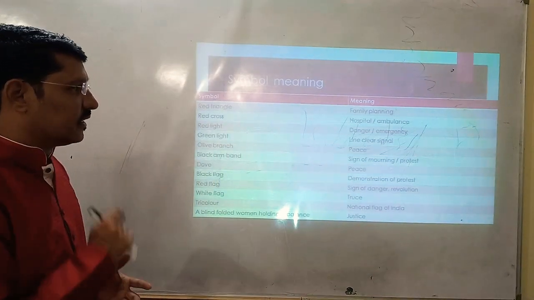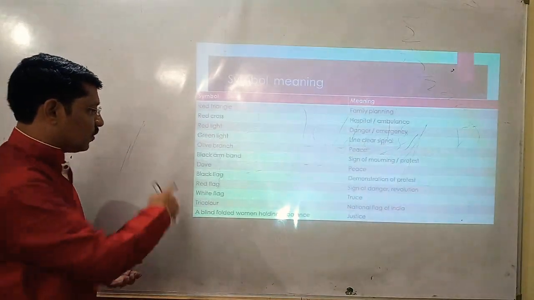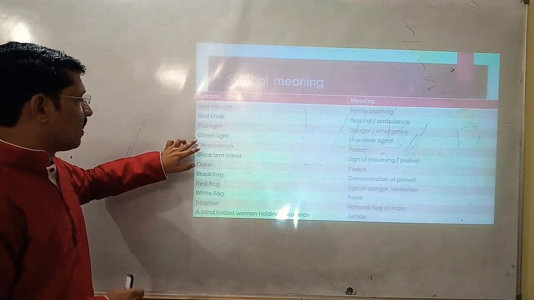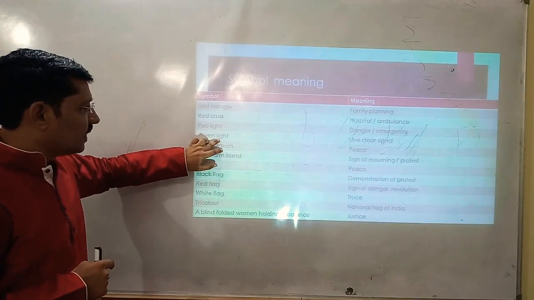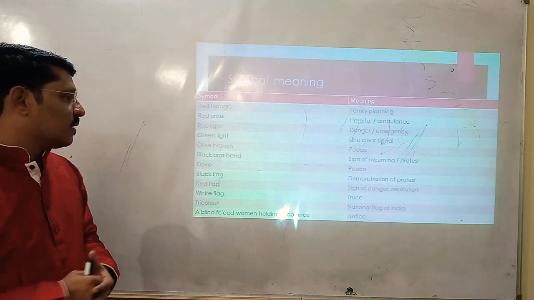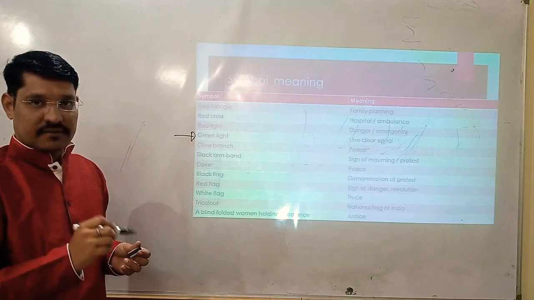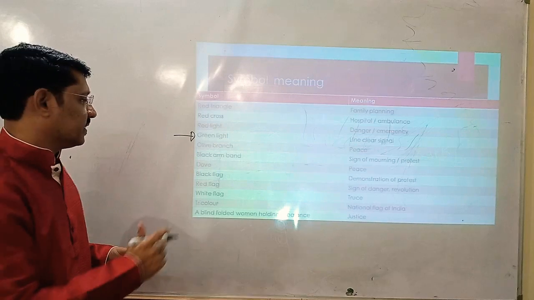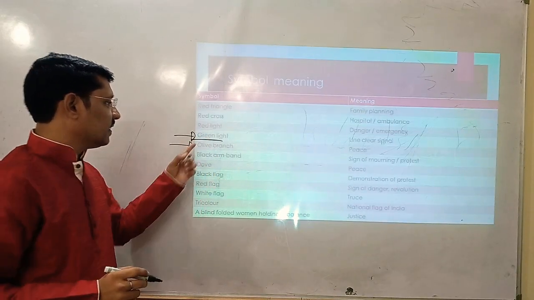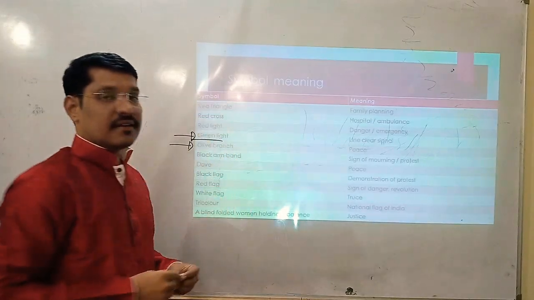It is not only for danger, it is emergency also. Green light symbol is line clear signal. Almost all of you see this symbol in railway stations as well as at signals. Green light is a symbol of line clear signal.